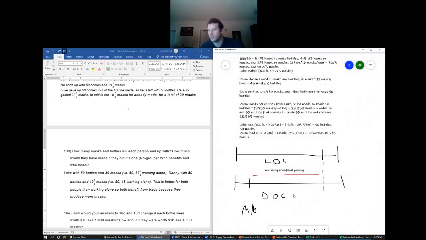So as long as the price of masks per bottle is between their opportunity costs, it's beneficial.